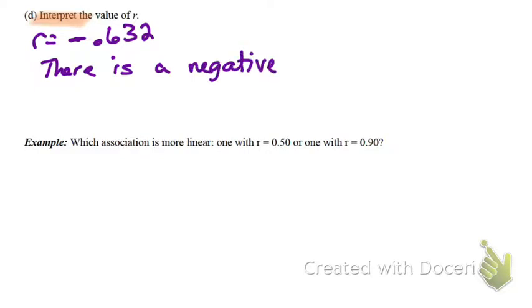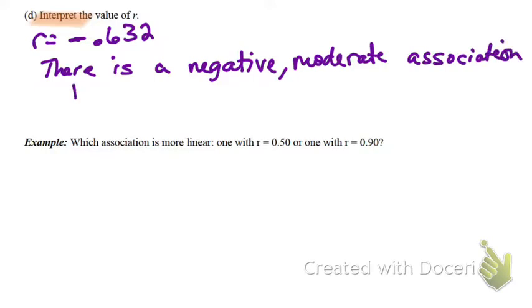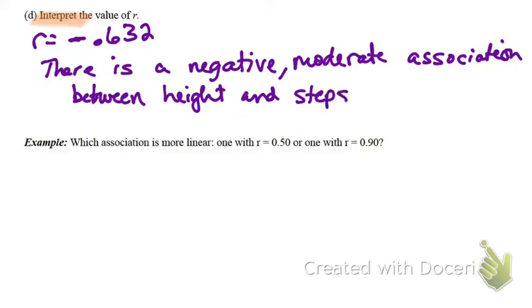And what's the strength? Moderate. There is a negative moderate association between height and steps per inch. There you go. That's my interpretation of R.